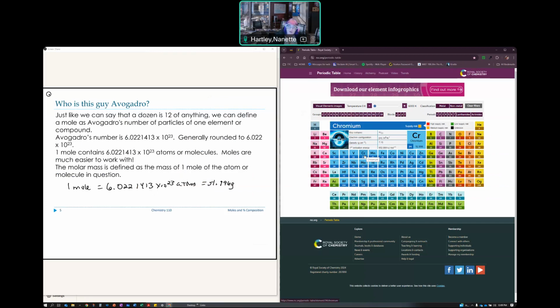So it's whatever we read from the periodic table. And usually we would list this as grams per mole. It could also be atomic mass units that we're talking about, so it's interchangeable there too. That's what we're dealing with. Cool?